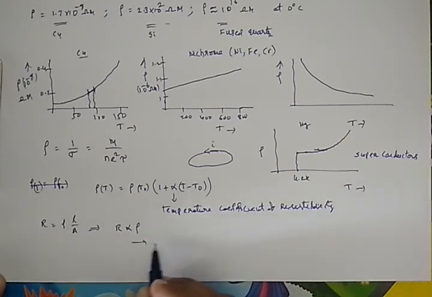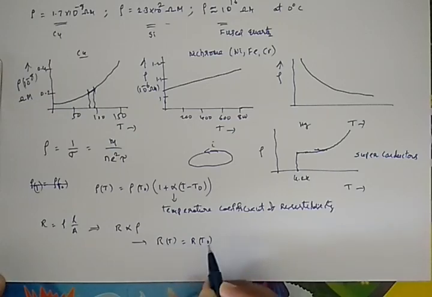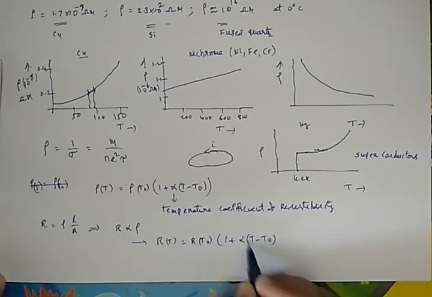Then you can also write that R of T equals R T0 into 1 plus alpha (T minus T0).